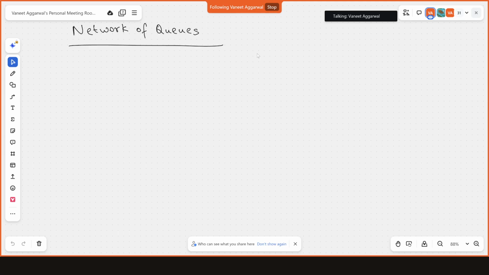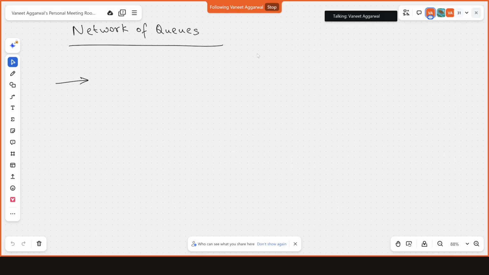Network of queues. So far, we basically did a single queue. So people were coming in and going out of a queue. But many of the systems have more complex type of systems.